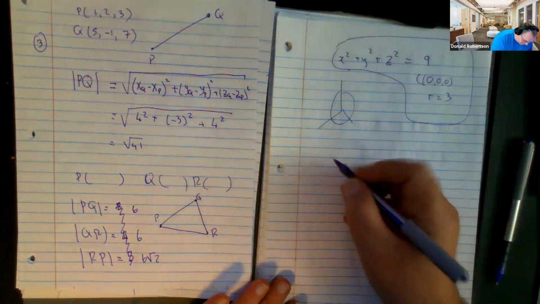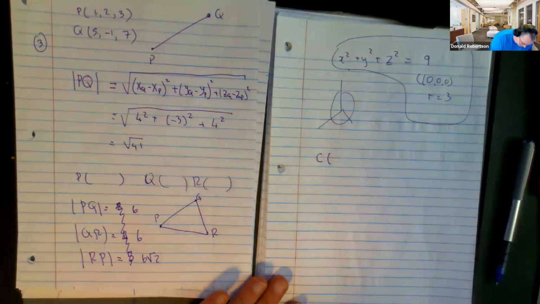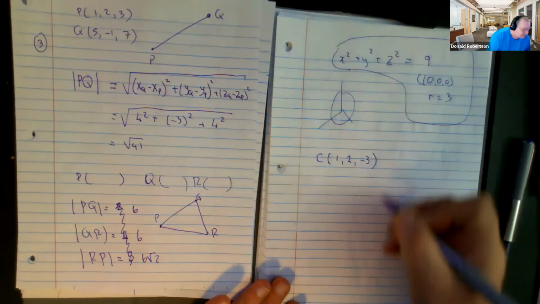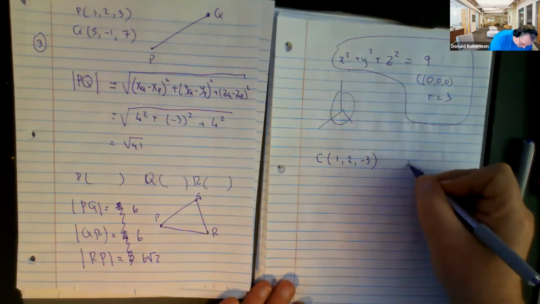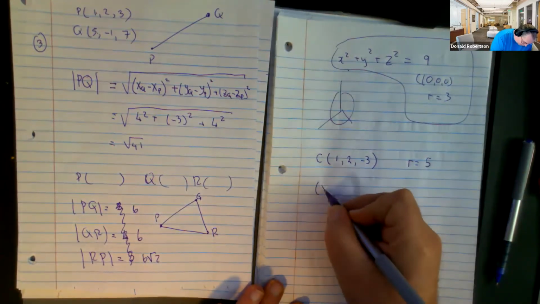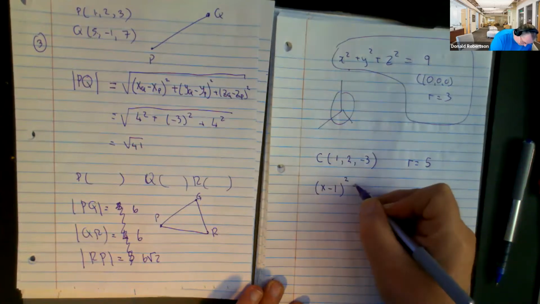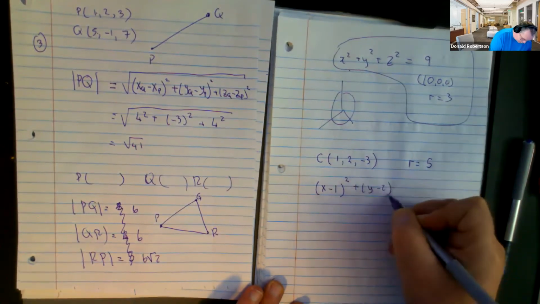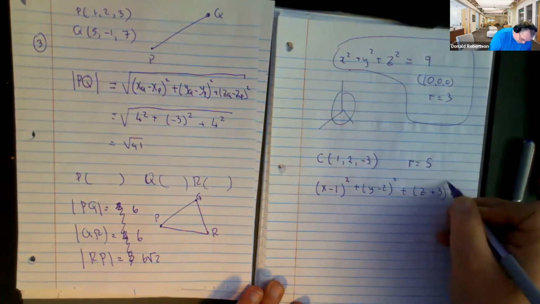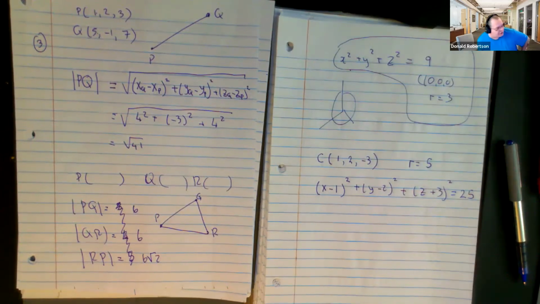An extension of that, if you have a sphere and its center is at 1, 2, -3, and the radius of this sphere is 5, then the equation of that sphere becomes x minus 1 squared plus y take away 2 squared plus z add 3 squared equals 25. Does that make sense?